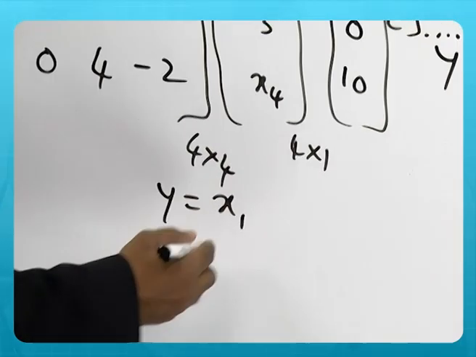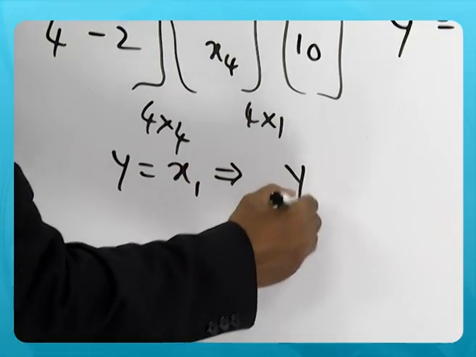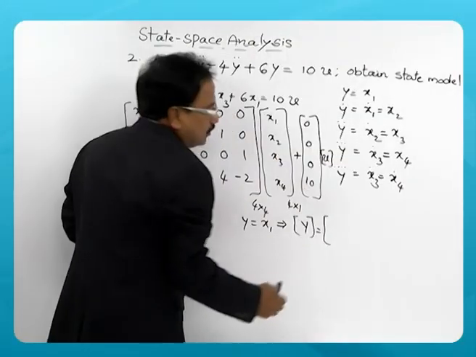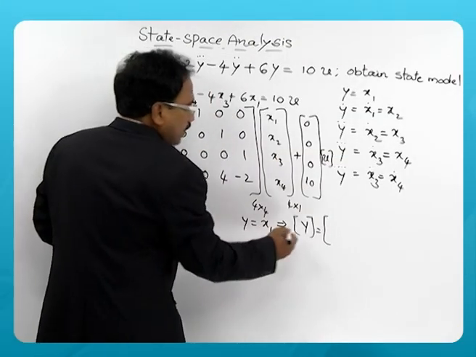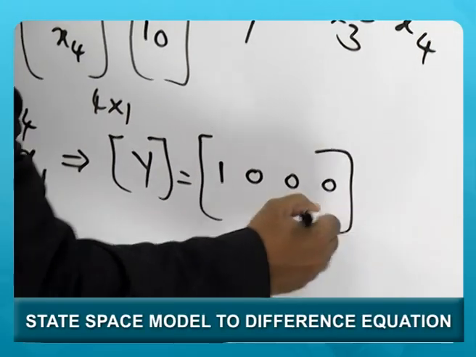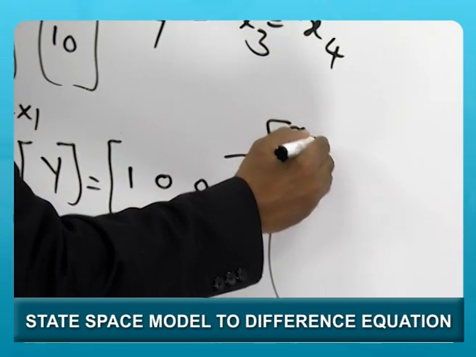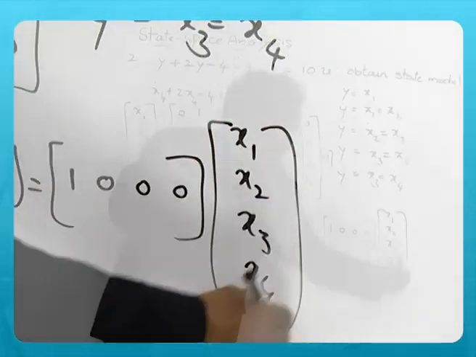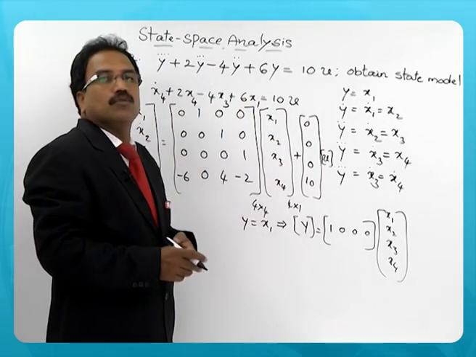So how to represent this? So y as a state vector, this is equal to, you have output matrix, only first component and the other components are zeros, and you have x1, x2, x3, x4. So this is known as output matrix.